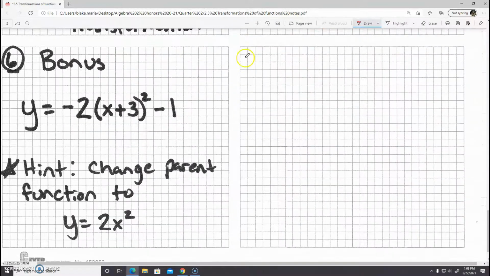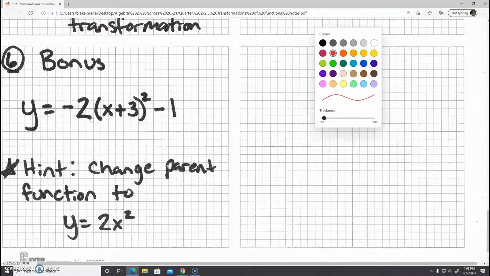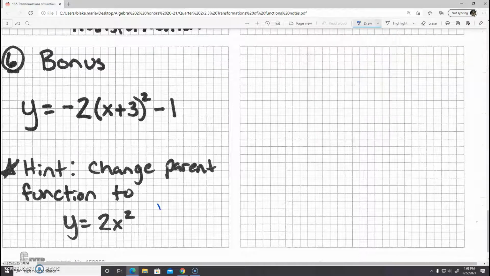All right, and then our little bonus question, just to kind of get all of it in. Stretches and compressions. What I want you to do with stretches and compressions is actually change your parent function. So instead of using y equals x squared here, I'm going to use y equals 2x squared, and I'm going to graph that as my parent function. That way you don't have to deal with the stretch or compression later. So 0 would still be 0. 1 would be 2.